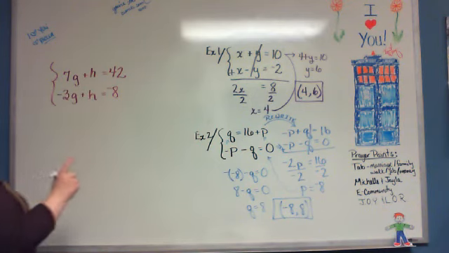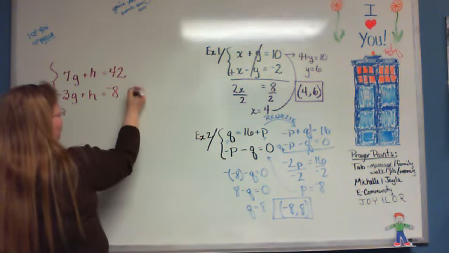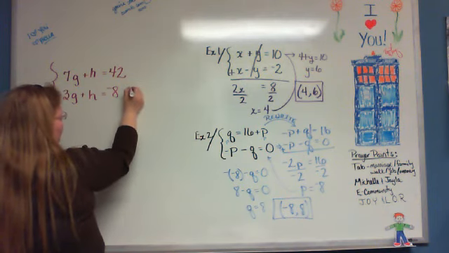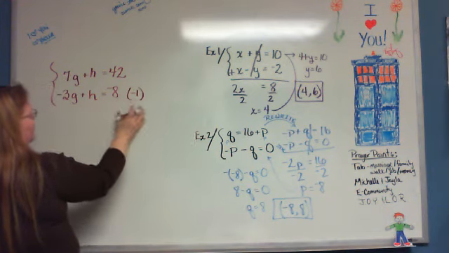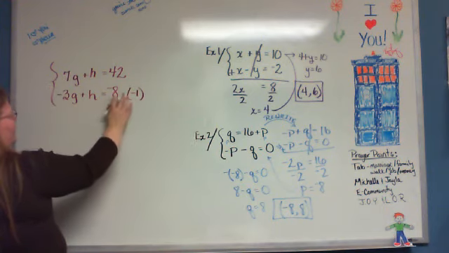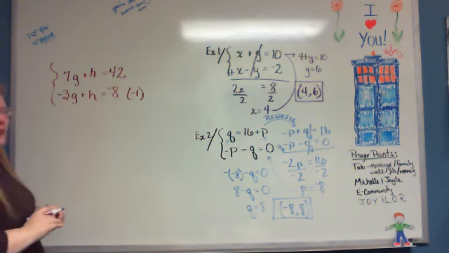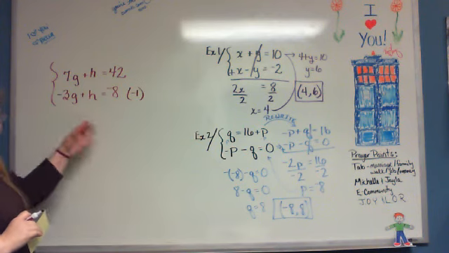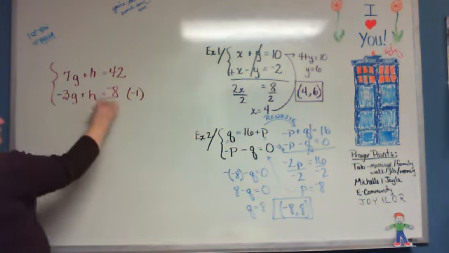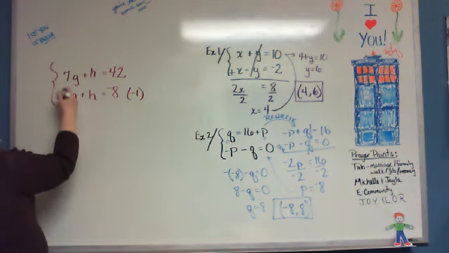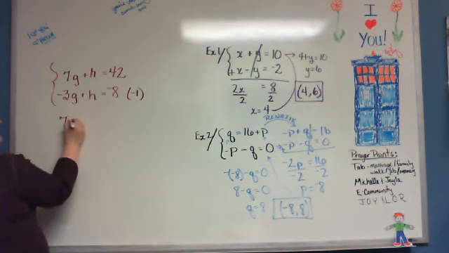But I could choose to multiply one of these by a negative 1. And since I'm going to multiply the whole equation by a negative 1, that doesn't change the value of anything. So it'll be just as true as this one is right here. So I'm going to leave the top one alone.